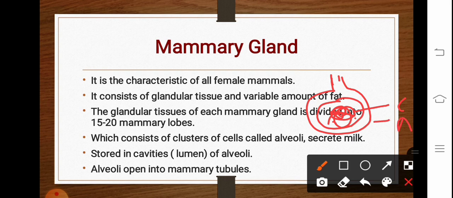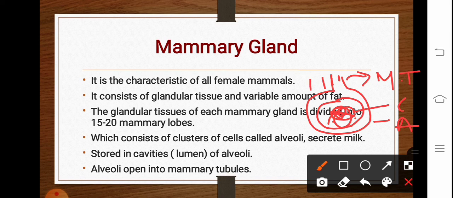This is the alveoli where milk secretion takes place. After that what happens? They will join to form mammary tubules. The tubules will join to form mammary ducts.